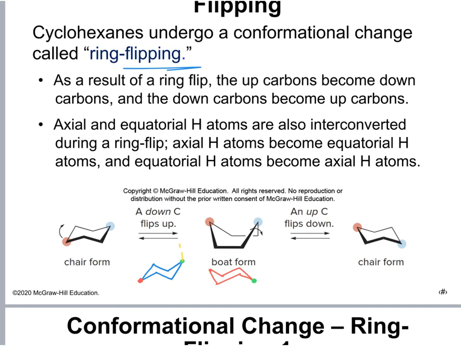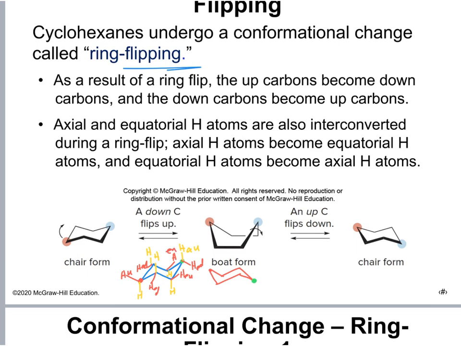So let's put in our axial hydrogens. See, I'm going up, down, up, down, up, down. Well, what happens is that's axial up. This is equatorial down, equatorial up, equatorial down, equatorial up, equatorial down, equatorial up.